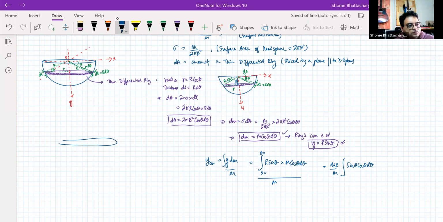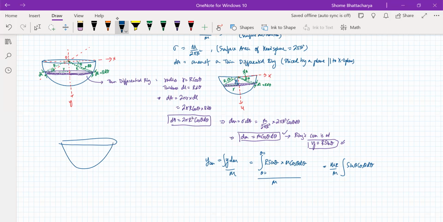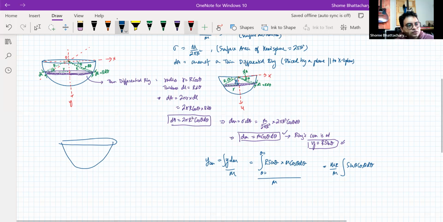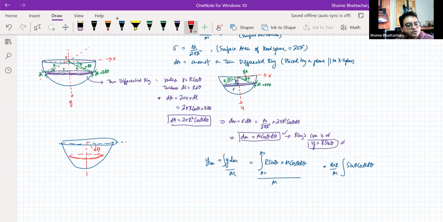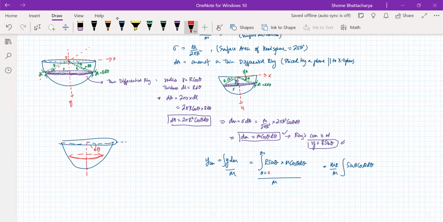See, if we are taking a ring over here, we have taken this angle to be theta now. We are starting from which ring? The ring at the top, right? Yes. The ring at the top will have theta's value how much? 0 now. Yes. And the bottommost ring here will have theta's value how much? Pi by 2. Pi by 2. Okay.